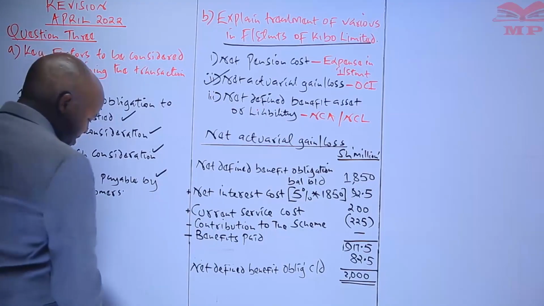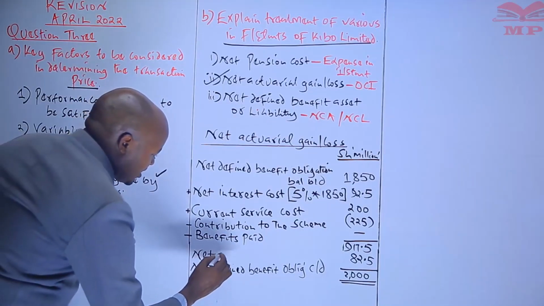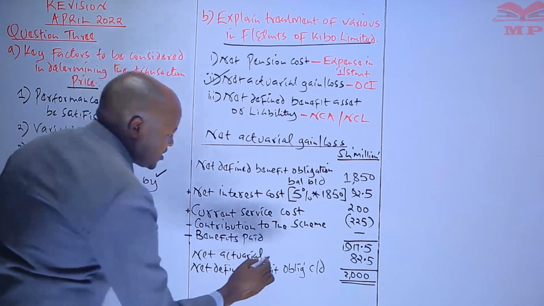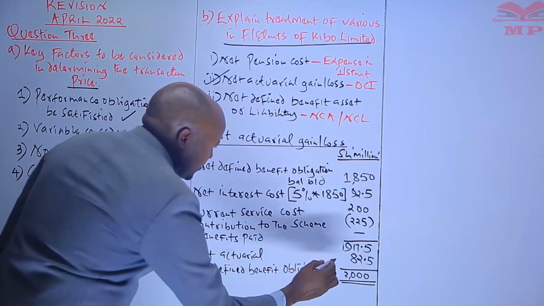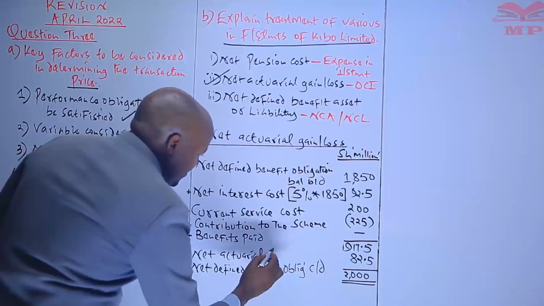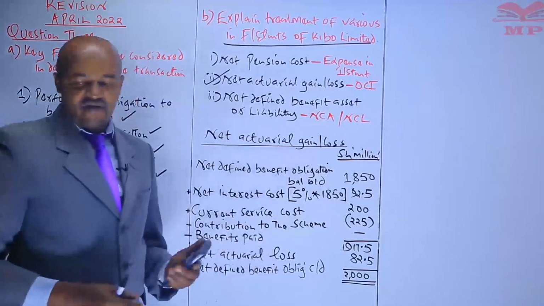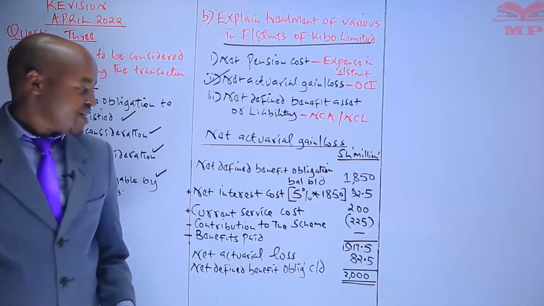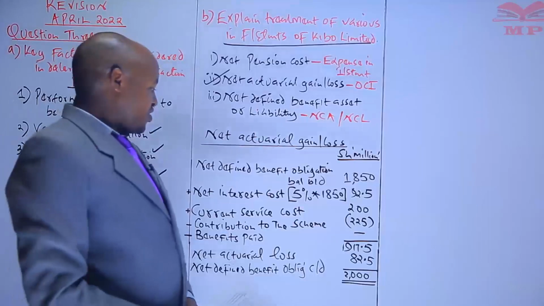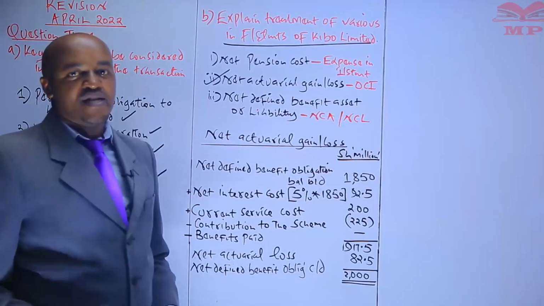In this case, we are going to refer to this as the net actuarial loss, because anytime the value of a liability has increased, that is a loss. Now this net actuarial loss was supposed to be accounted for as part of other comprehensive income.